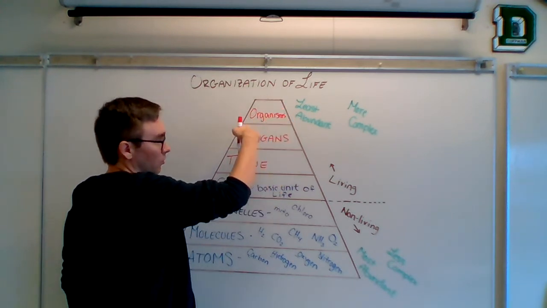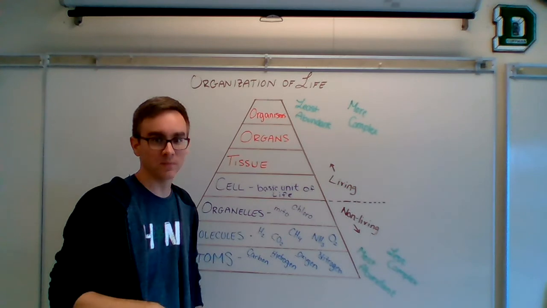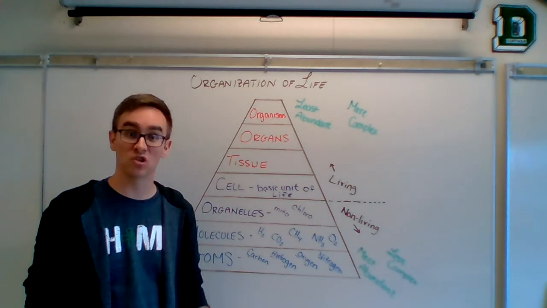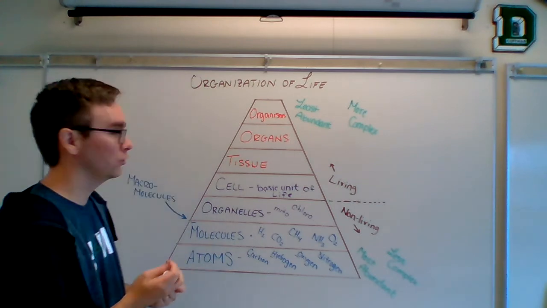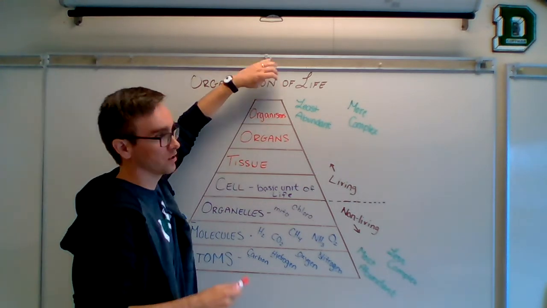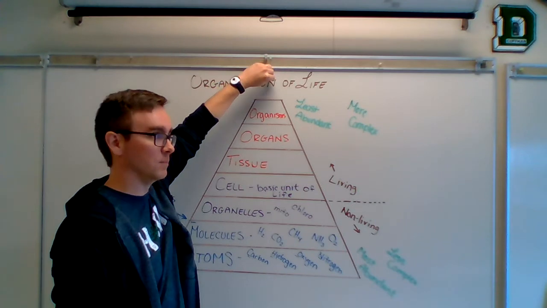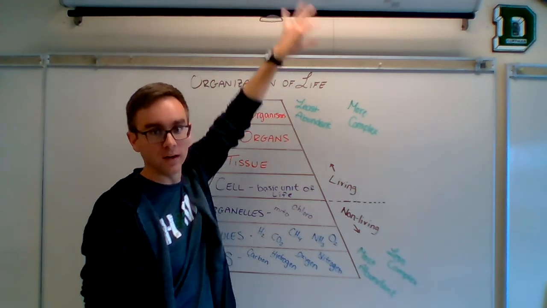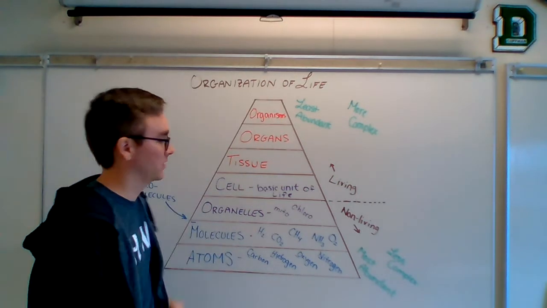You could sneak in here organ systems. There's a couple of ones you could sneak in, depending on which organization of life chart you look at. It might include a few main things. Notice I didn't put a top on this because you could include populations, communities, ecosystems, biospheres, Earth. We could keep going as we go on this here.